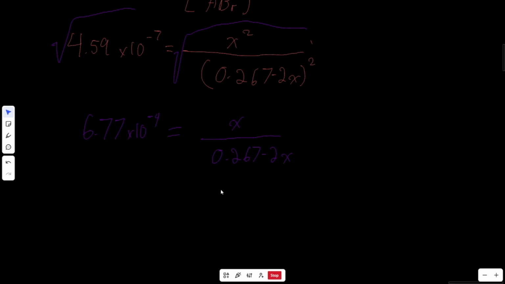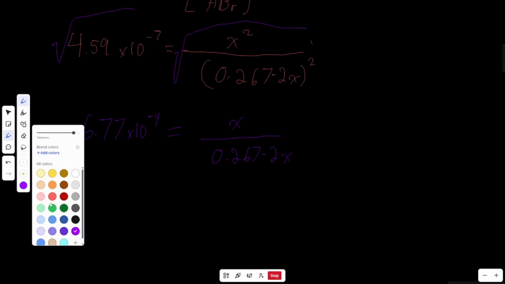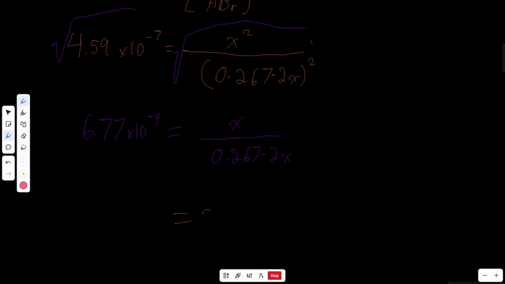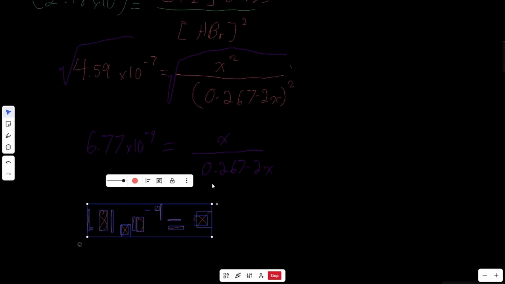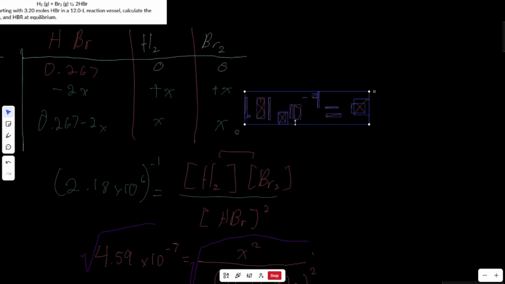And just to save us time here, let's see if you guys get the same answer. We would arrive at an x of 1.81 times 10 to the power of negative 4. So let me write that down here. Alright, so now we want to get the concentration of everything. So we're just going to copy paste this and put this back up here.